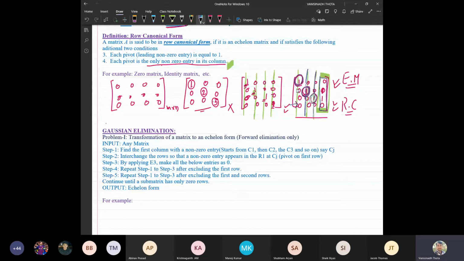Is 0 a pivot entry? No. Is 1 a pivot entry? No. Is this one a pivot element? No. The last one is also not a pivot element. Hence you need not check the fourth condition for the last column for this particular matrix. Remember that.